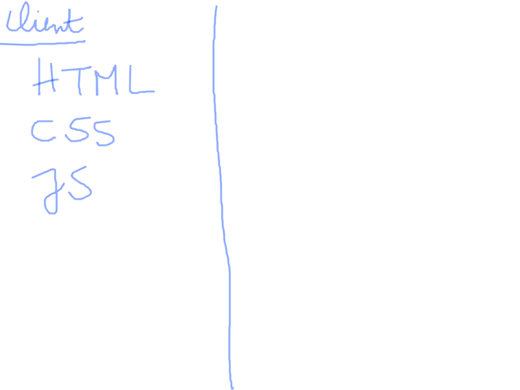Because when we save an HTML document or a CSS file or a JavaScript file, we save this file in our PC, in our client, okay? And we can execute these files using our browser. So they work on the client side. It is clear?